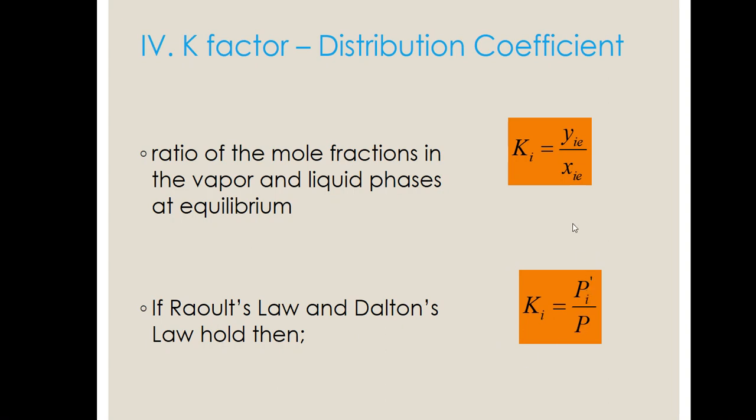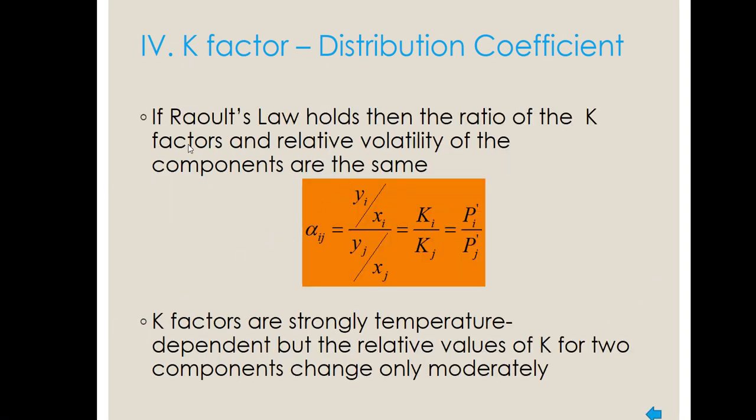You can replace this y and x here by the pure vapor pressure of component I divided by the total pressure of the system. So again, the P sub I prime is the pure vapor pressure of I. But this again is only applicable in this scenario. Now, if Raoult's law holds, then the ratio of the K factors and the relative volatility of the components are the same.